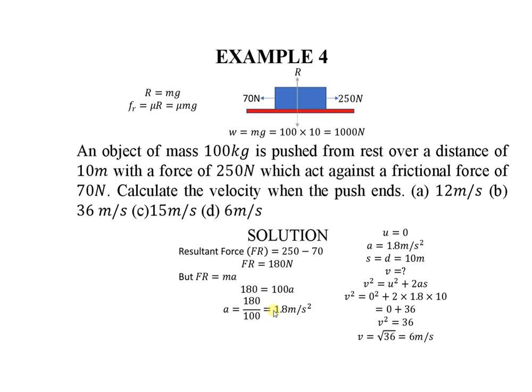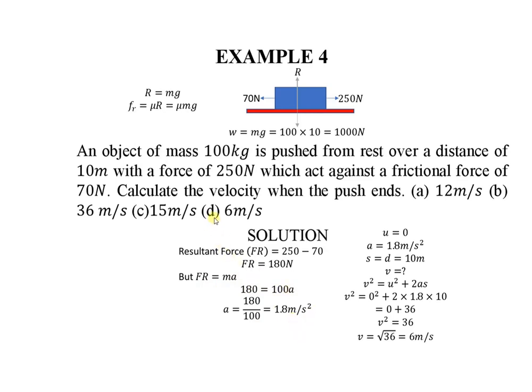Now let's look at resultant force. The force applied, 250, minus the frictional force, that will give us 180. From there we get our acceleration. Resultant force equals ma. So 180 equals 100a. From there we get our acceleration to be 1.8 meter per second square.